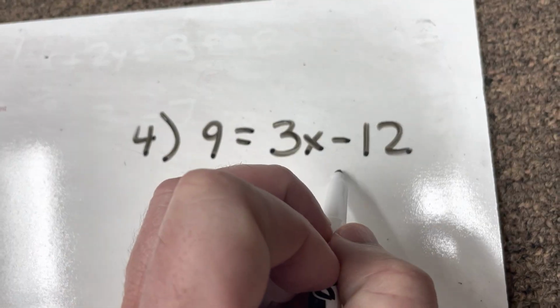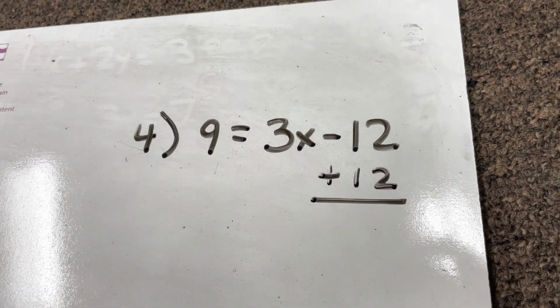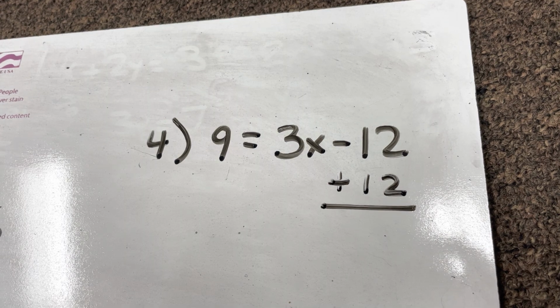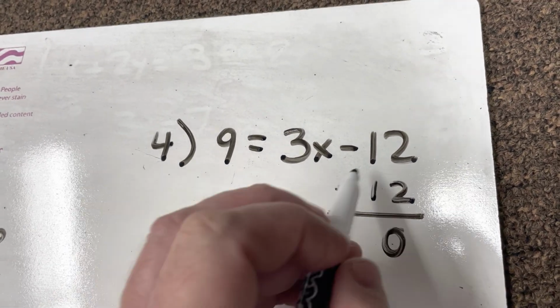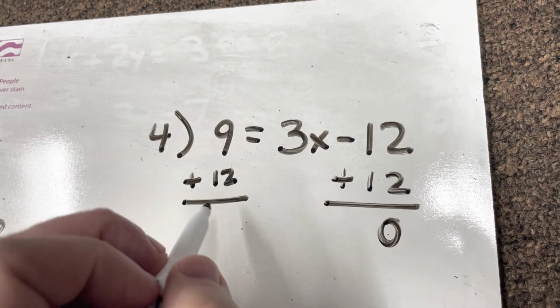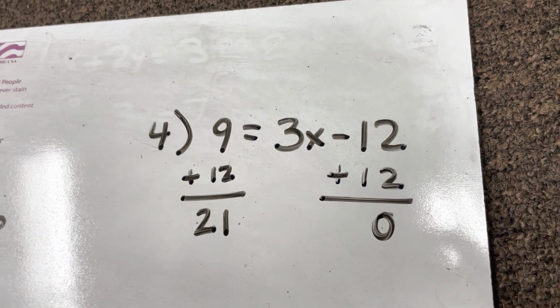So I have a negative 12, so I have to add 12 to both sides. That's going to give me 0. If I add 12 to this side, I have to add 12 to this side. I'm going to do 9 plus 12. 9 plus 12 is 21.